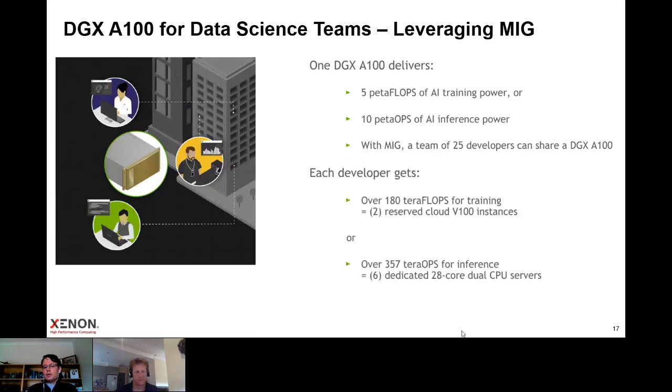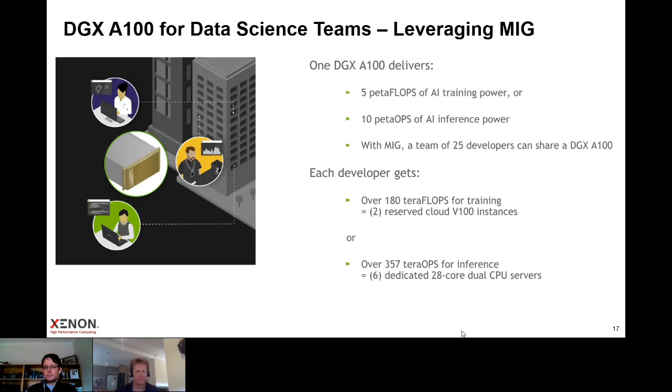And with MIG, we can now also split it up and break it up into, for example, a system for 25 developers who can all share a single DGX. And now this is really the vision coming true of having a single unified system which can cover all the different workloads and which can be used by a whole team of data scientists, all in just a single machine.